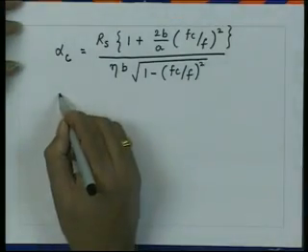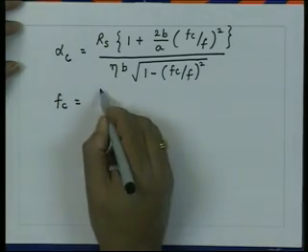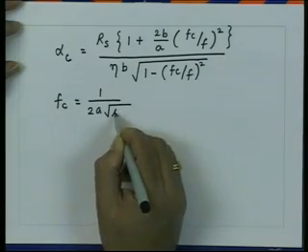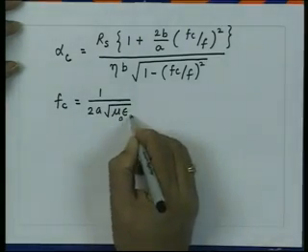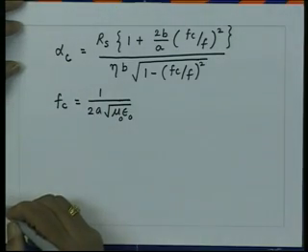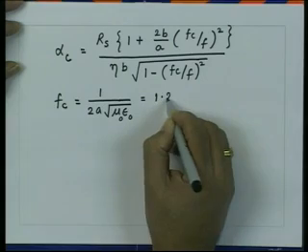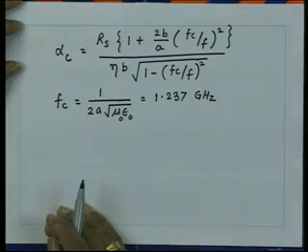And fc, we know, the cutoff frequency for the TE10 mode, is nothing but 1 upon 2a square root mu epsilon, and in this case it is mu 0 epsilon 0. So, that will be equal to 1.237 gigahertz.